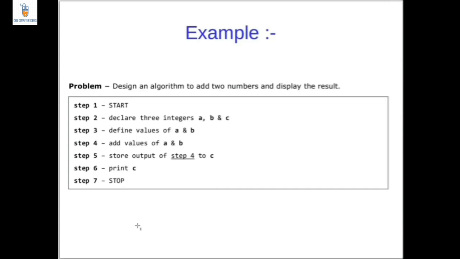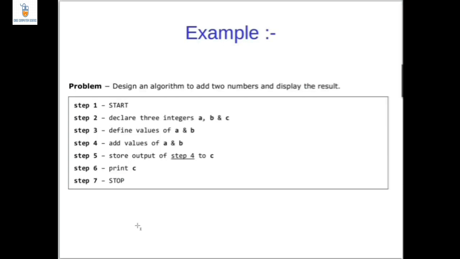Now let's understand an algorithm created for any computer program. Say the problem is to design an algorithm to add two numbers and display the result. So the first step will always be start and the last step will always be stop. So here step 1 is start, step 2 is declaring three integers, that is a, b and c.